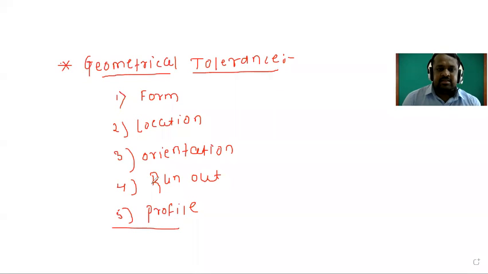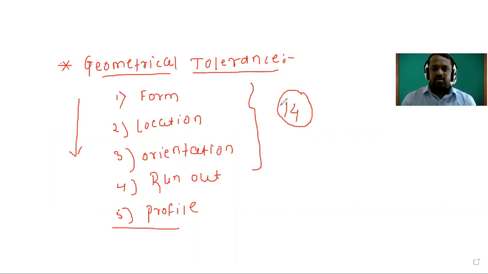These are the 5 types of geometrical tolerances, and with respect to these 5 types we have 14 symbols. We have 14 geometrical symbols.